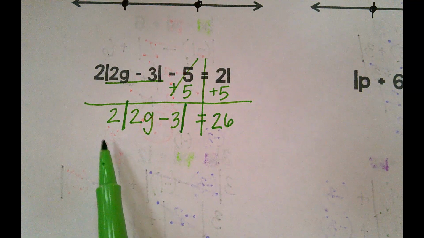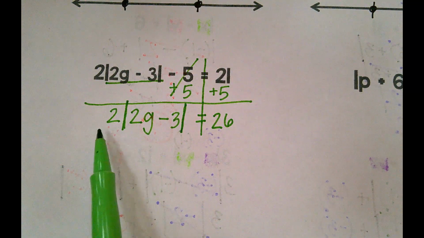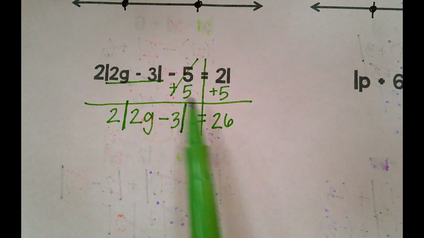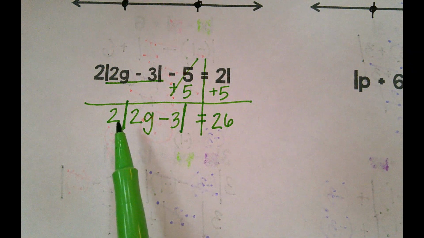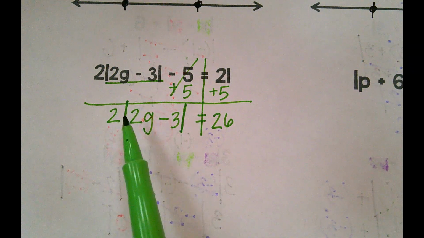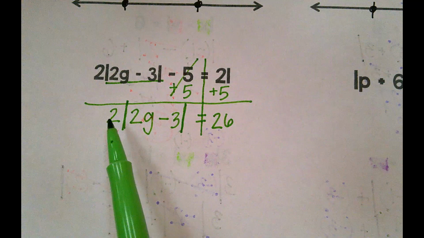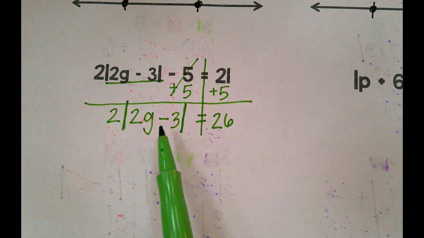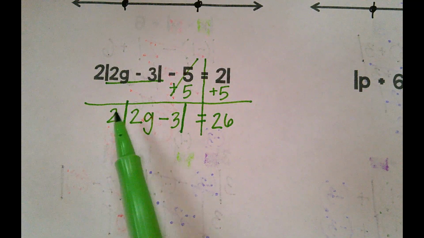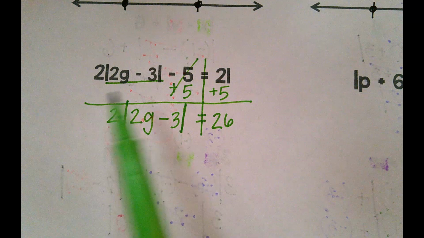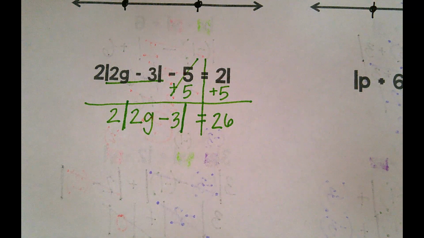Now, we know that if we have absolute value bars and a number right outside of it, that means we're eventually multiplying 2 times all of that. But if I were to distribute this 2, that could mess my answer up. We want to be really careful.